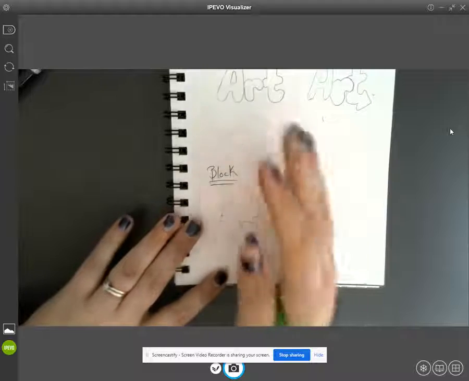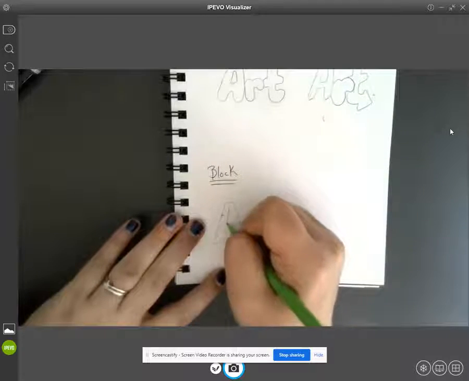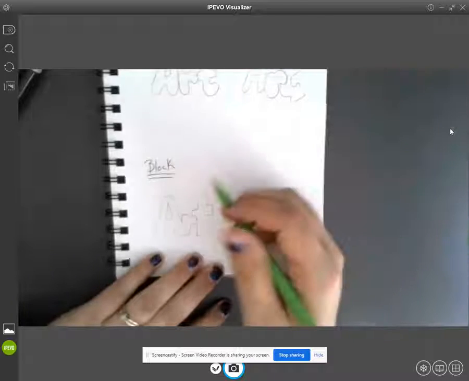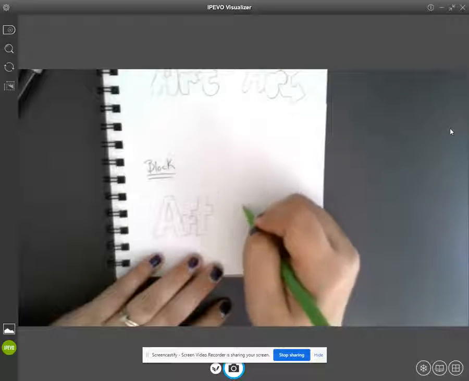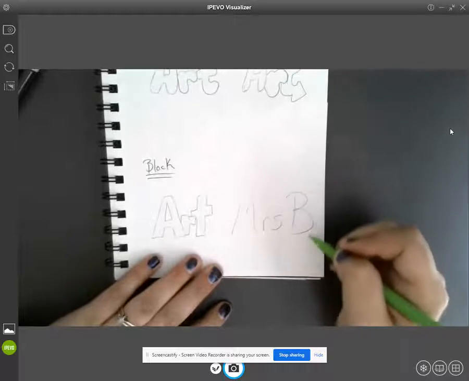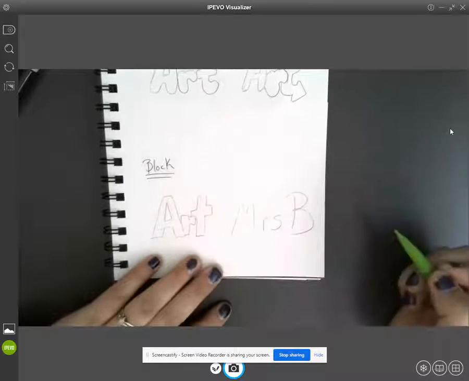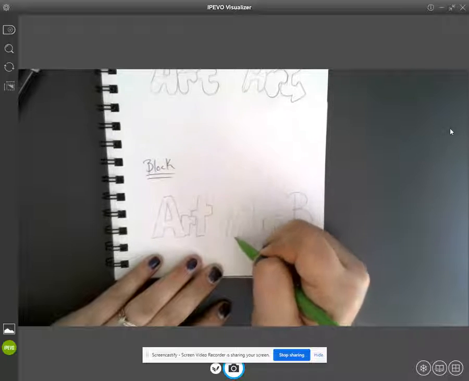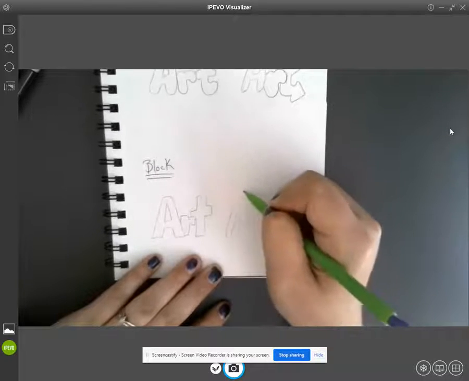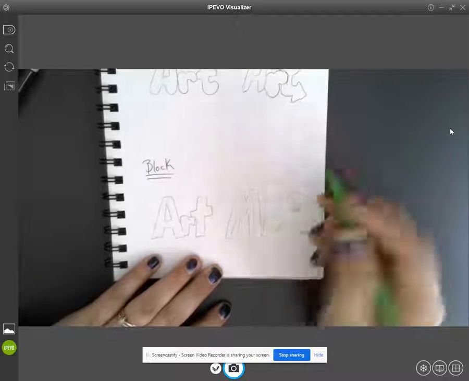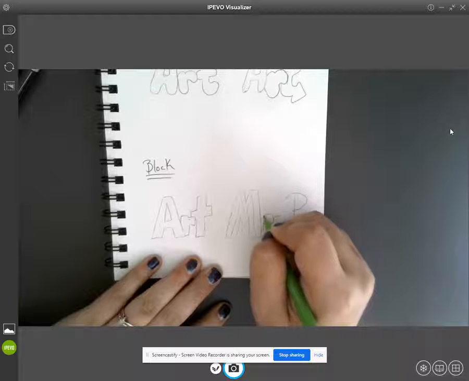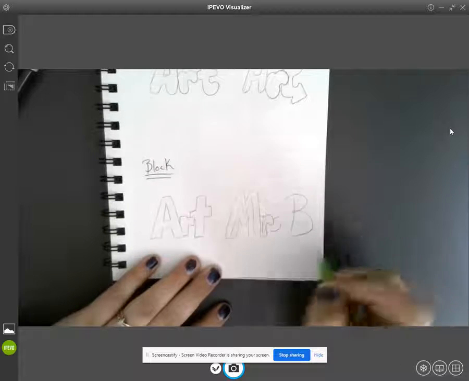But let's say you have a letter that is curvy and you can't help it. Like my last name starts with a B for Birmingham, so I often get called Miss B. So if I write out Miss B, this is a really curvy letter, but I want it to be a block letter. Well, these are easy. The M, all I need are straight lines. For the R, I can add that curve this time, but at the end of it, I make sure it's straight, and I make sure there's straight lines here and here.